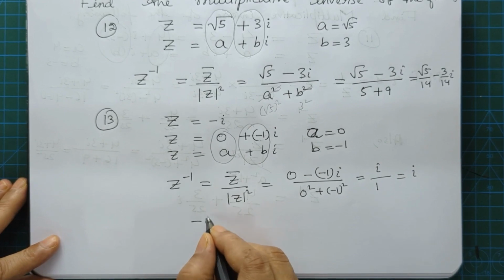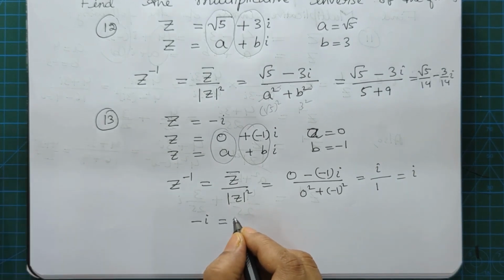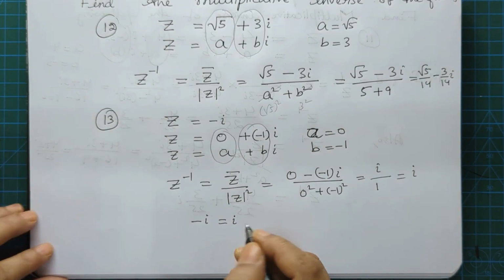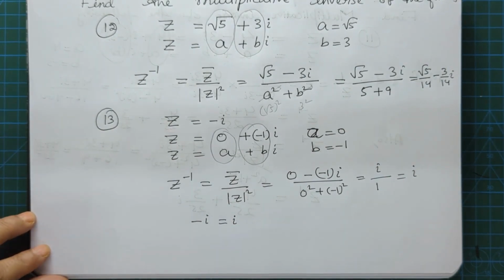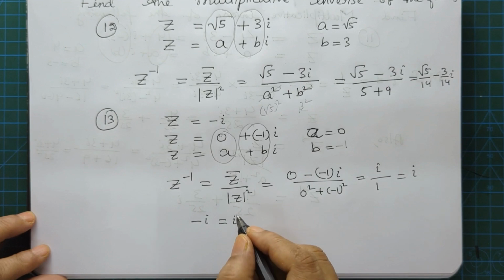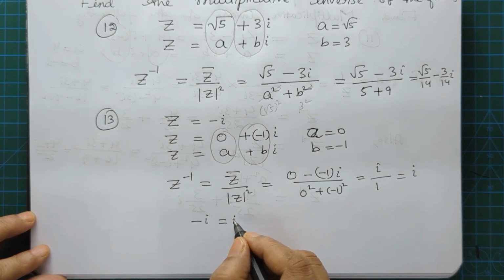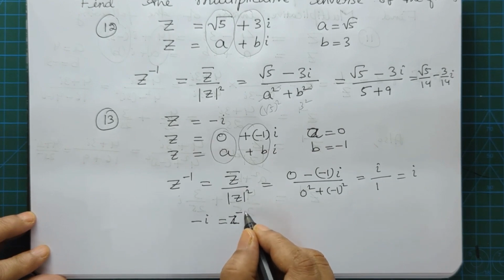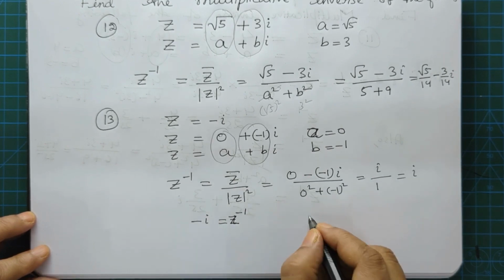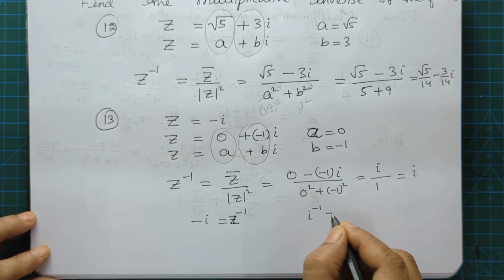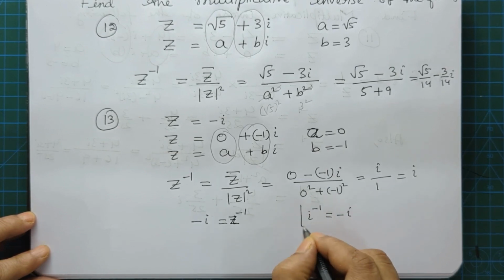So minus i is the given complex number's inverse, meaning i to the power minus 1 is minus i.